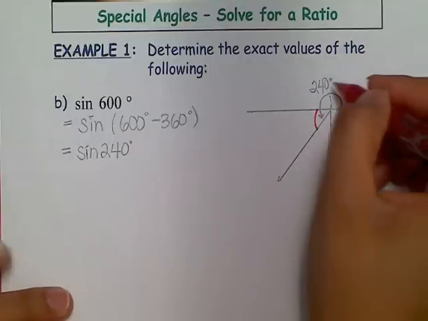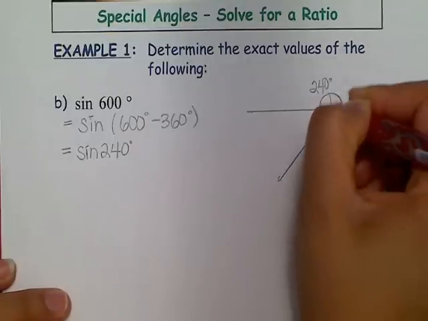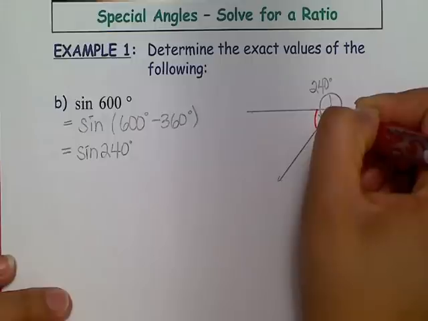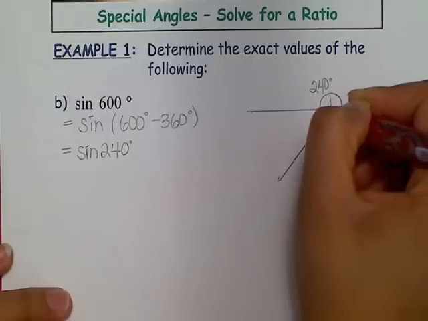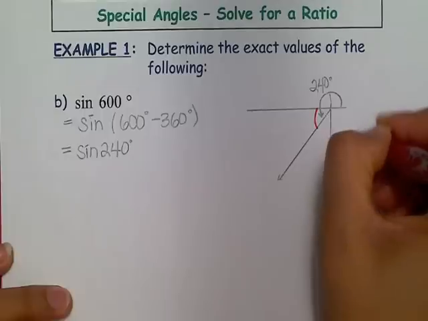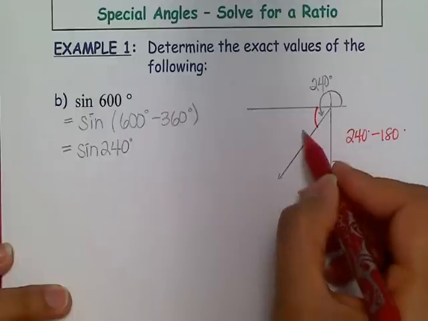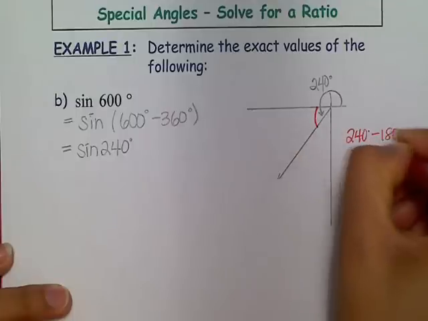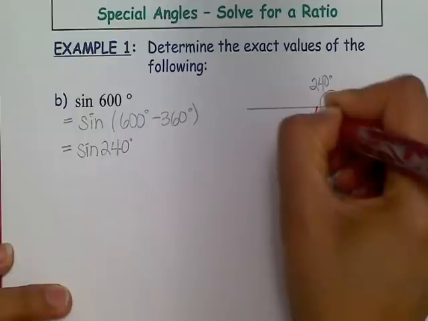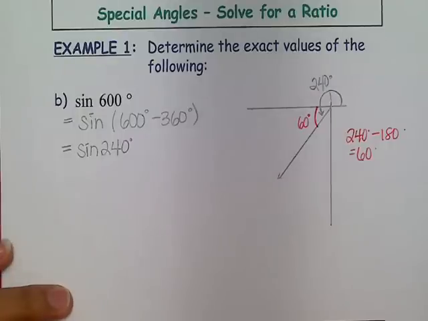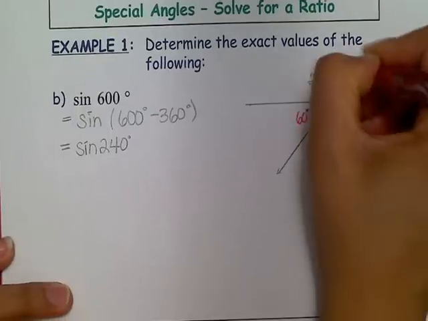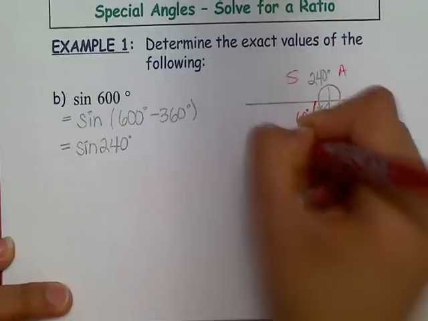Okay? And so then you'll notice that this angle here is in the 3rd quadrant. And you'll also notice that the 240 degree rotation is more than half a rotation. And so the difference here between 240 and 180 will tell me what the angle is for the related acute angle. And that gives me 60 degrees. So my related acute angle is 60 degrees.